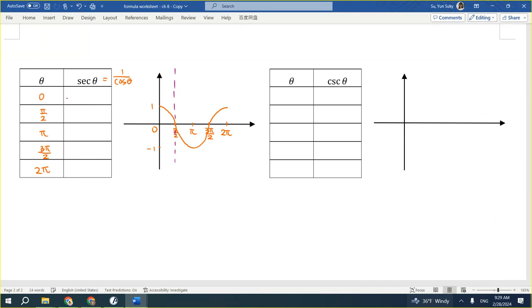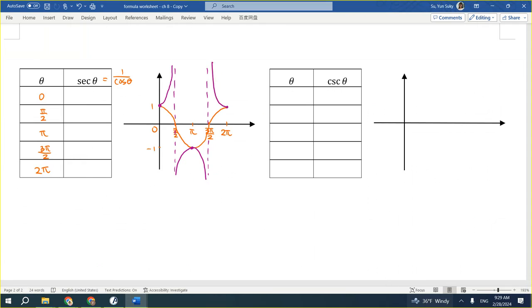When the cosine is 0, you have a vertical asymptote. And when the cosine is 1, 1/1 is 1. So you share the same point. And when cosine is -1, 1/-1 is still -1. So you share that point. And then this flips over. So we get the graph of secant.